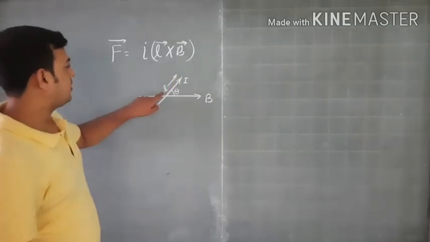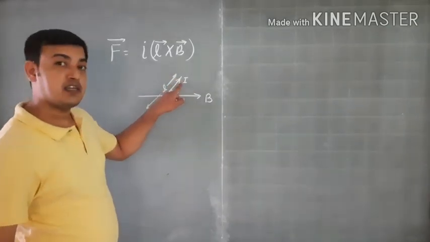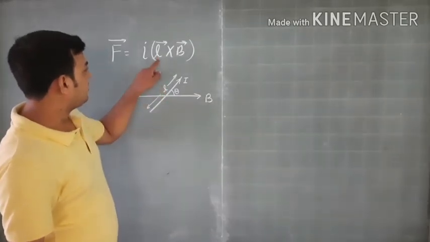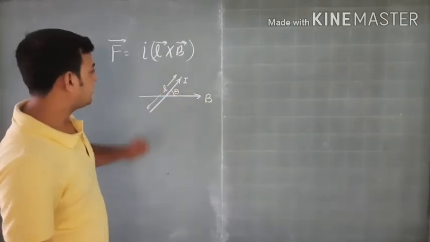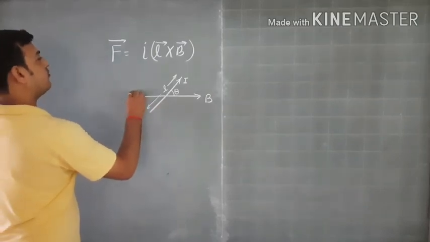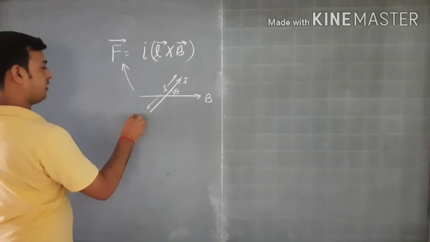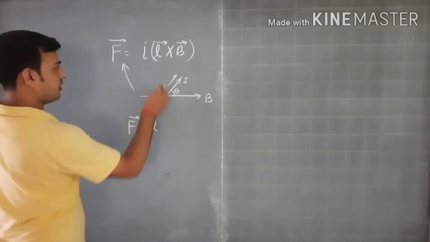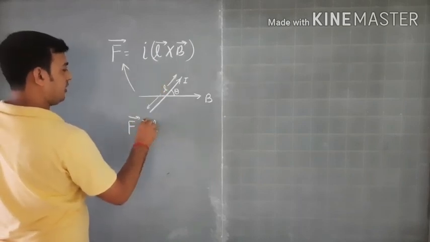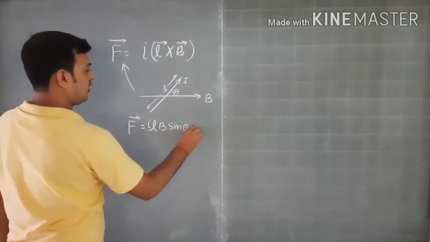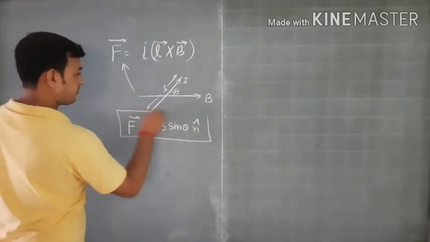As we know, the L vector is taken in the direction of current, so the angle between the L vector and the B vector is theta. In that case the force will be I L cross B, or applying the cross product rule, I L B sine theta n cap.